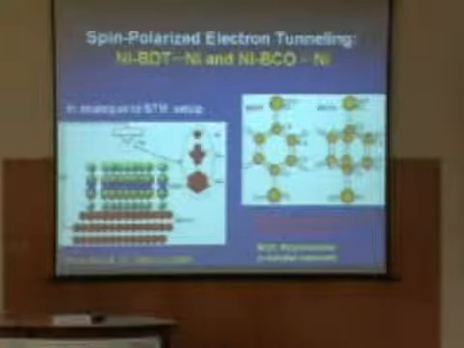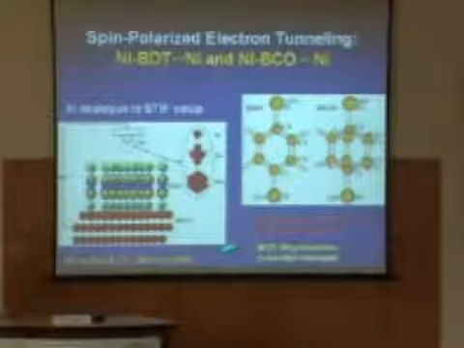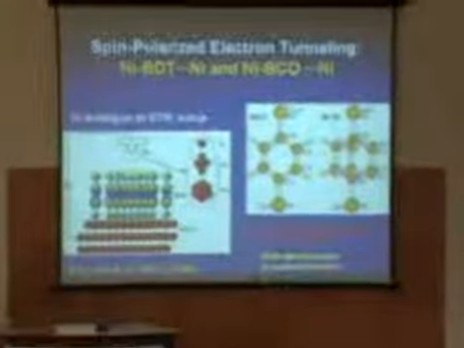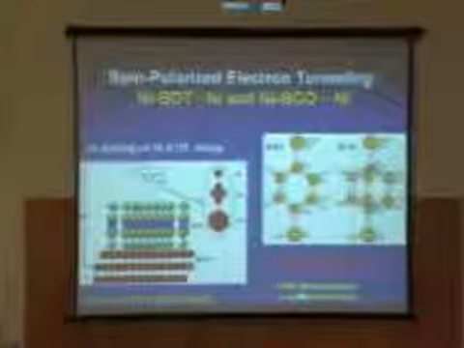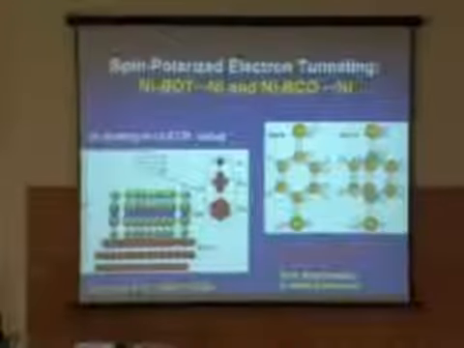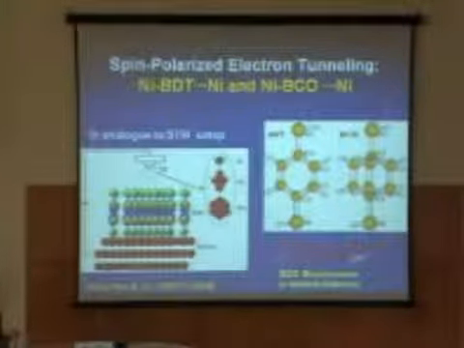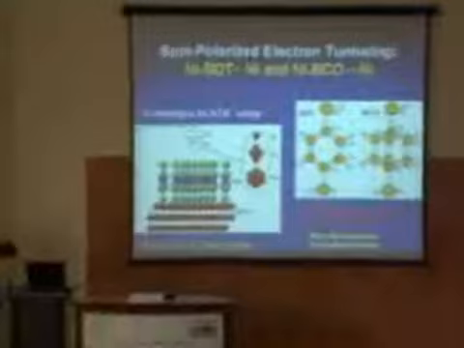If you remember from the last work, we found BCO to be an insulating molecule. The reason is it's a sigma bonded molecule, and the charge density is very localized. On the other hand, BDT is a pi bonded molecule, so it has delocalized charge density.